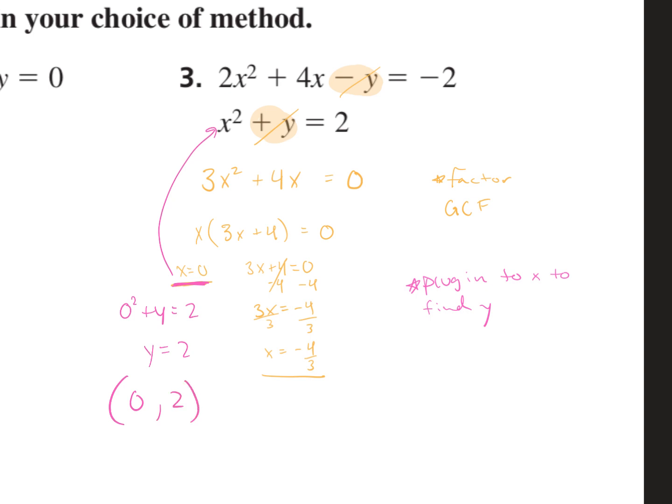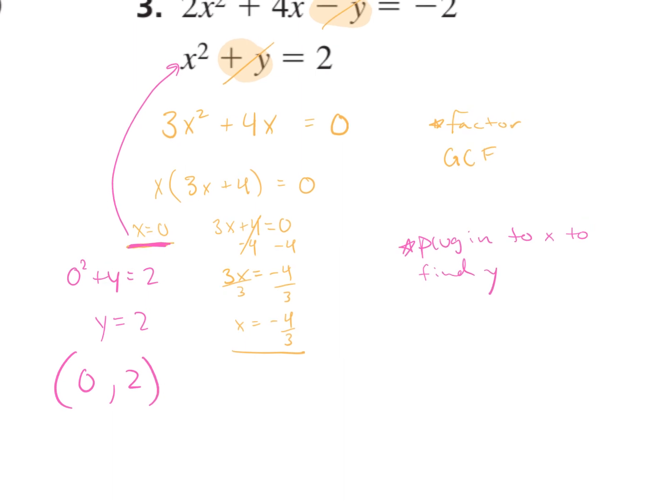Now we're going to plug in negative 4 over 3 into the x in the same equation, just because that one looks easier. This one's going to be a little bit harder to plug in because it's a fraction, but we know how to multiply and add fractions, so it's fine. So I have (negative 4 over 3) squared plus y is equal to 2.